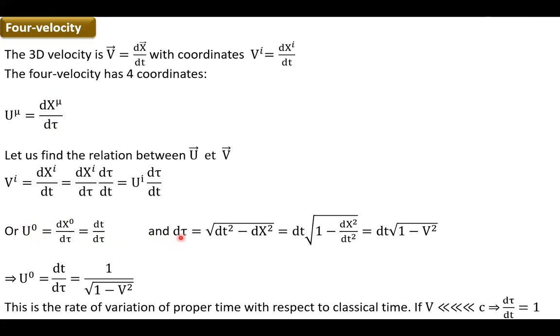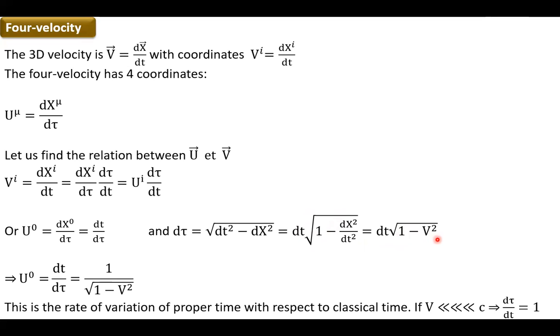And you know that d tau is the radical of dt squared minus dx squared. So if you put your dt outside of the radical, you have to divide the inside by dt squared. So you have dt times the radical of 1 minus dx squared over dt squared, which is dt times the radical of 1 minus v squared.